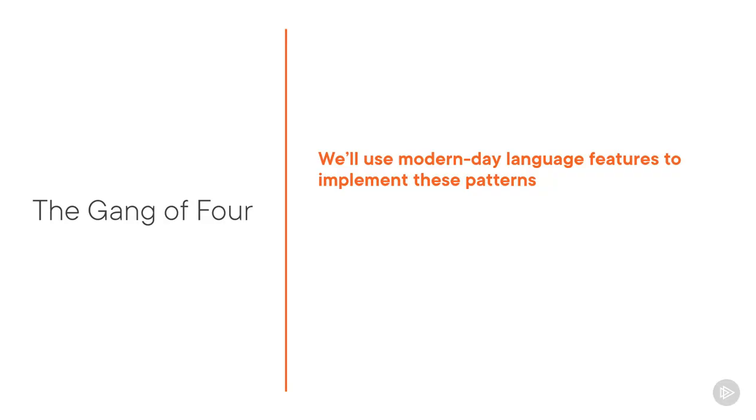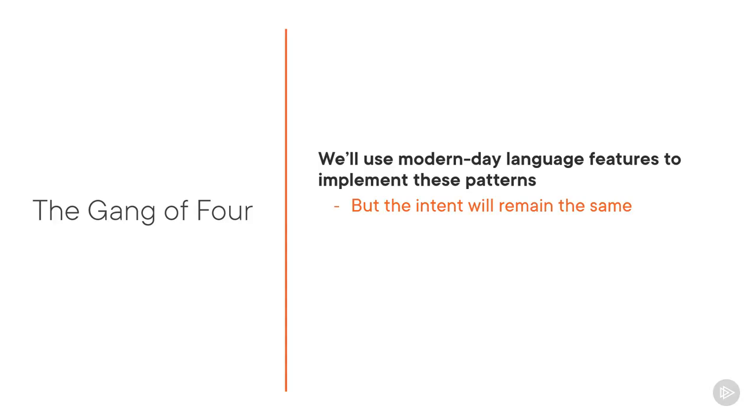So, even though I will cover all 23 Gang of Four design patterns in this course, and I'm basing myself on the book, it's definitely not just going to be a copy of the examples from the book. The pattern implementations will be adjusted to modern-day possibilities, using current real-life examples you might encounter in your day-to-day life as a developer. The intent will, of course, remain the same.